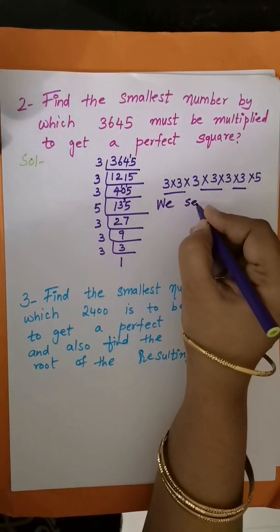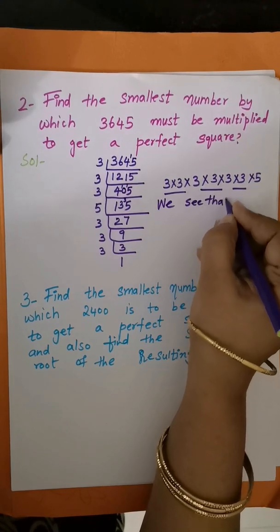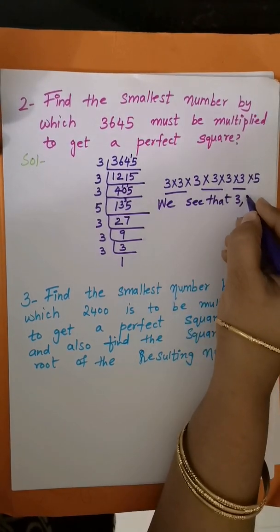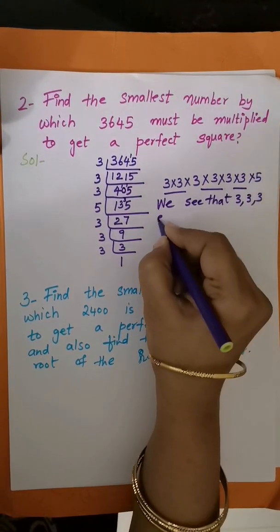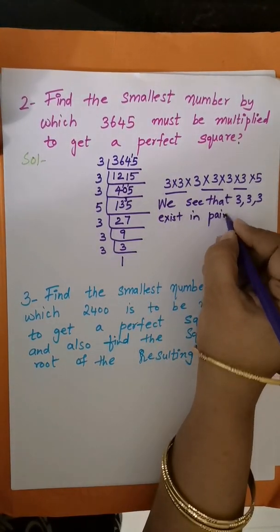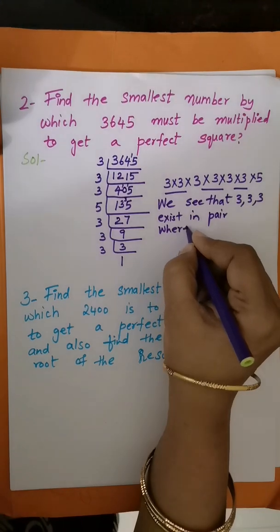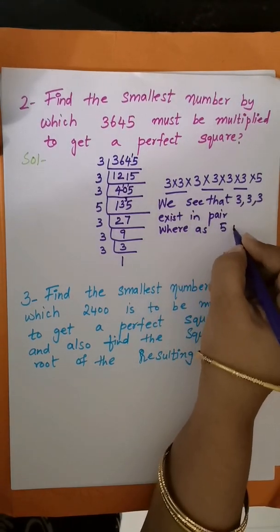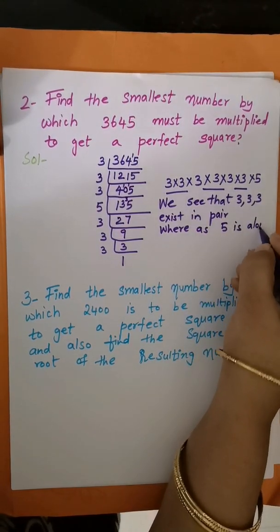So here what we observe is that 3, 3, 3 exist in pairs, whereas 5 is alone.